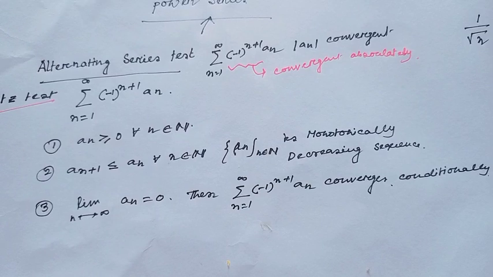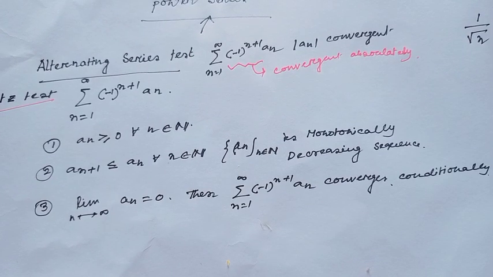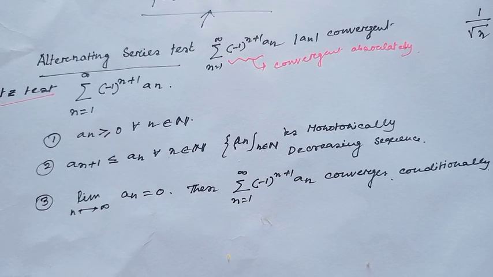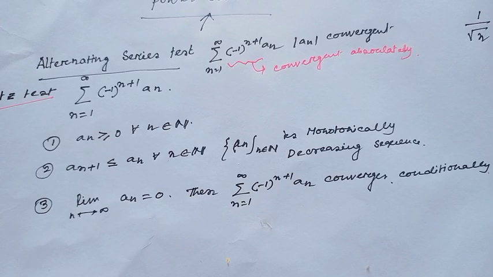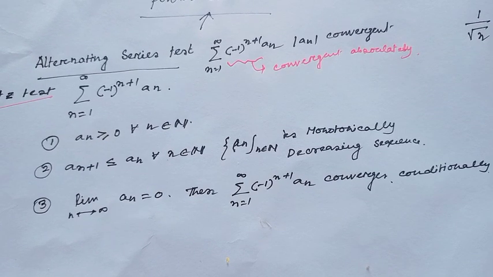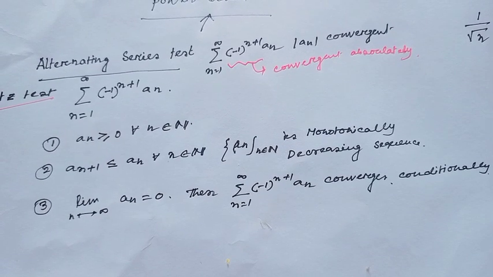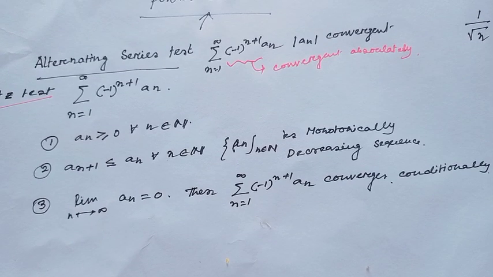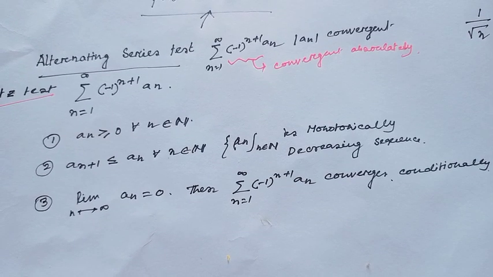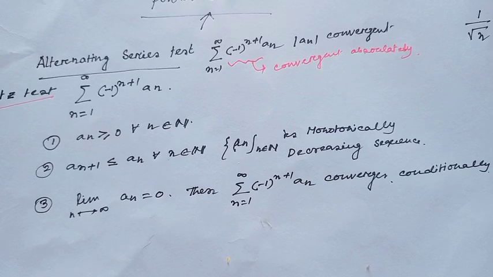There are many examples of series which are convergent conditionally by the Leibniz test, but do not converge absolutely. Now I will give this type of example.